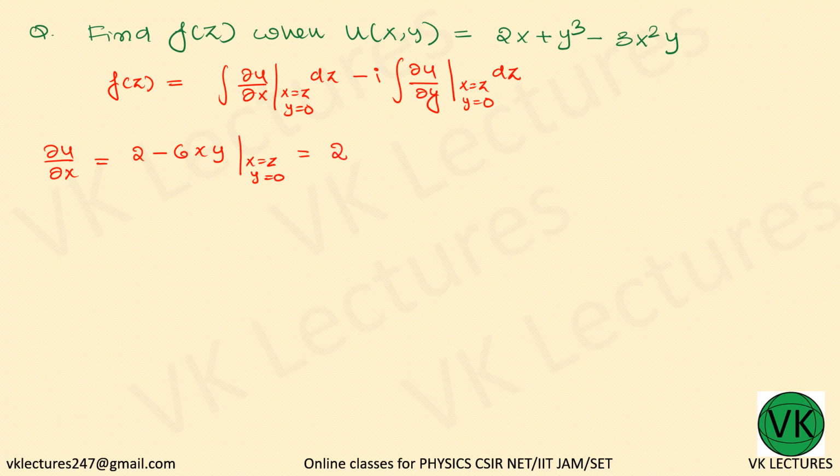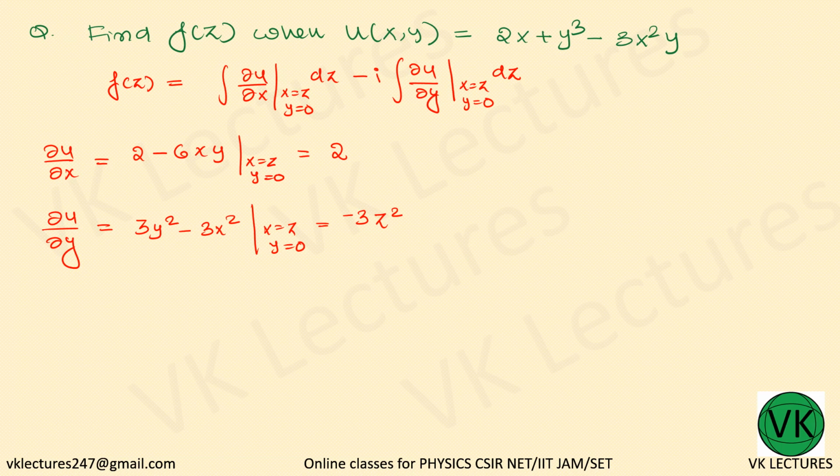Now dou u by dou y is equal to 3y square minus 3x square. Now at x equal to z and y equal to 0, you get minus 3z square.